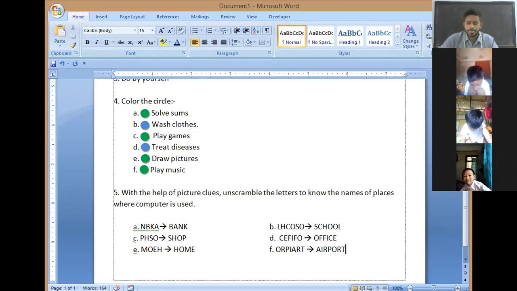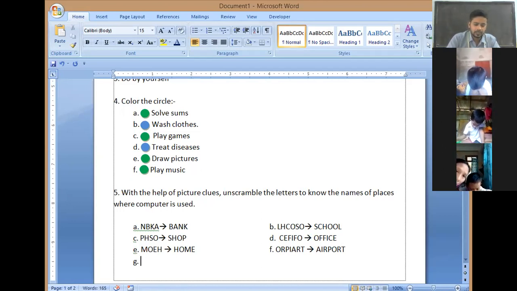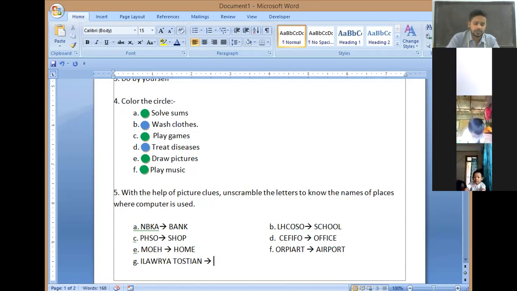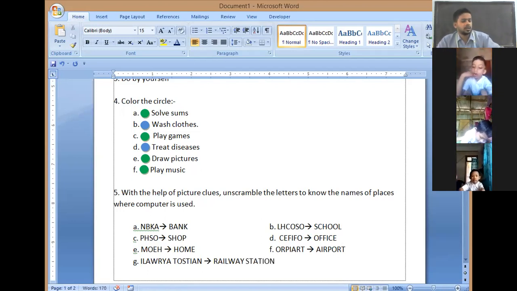Now after F we have G. In G we have ILA, W, RY, A, TOS, TIAN. What is it? Railway station. Okay, it is railway station.